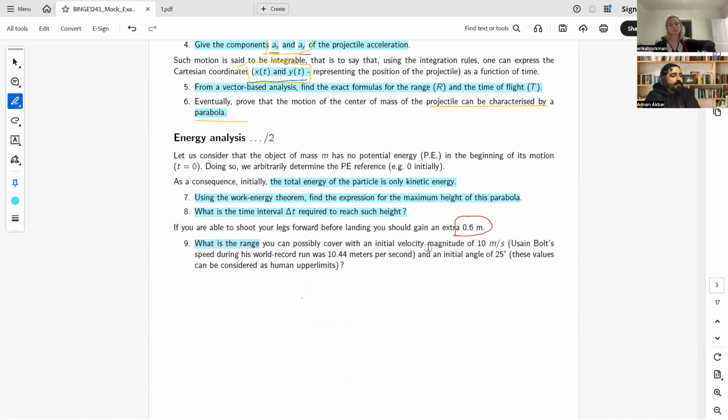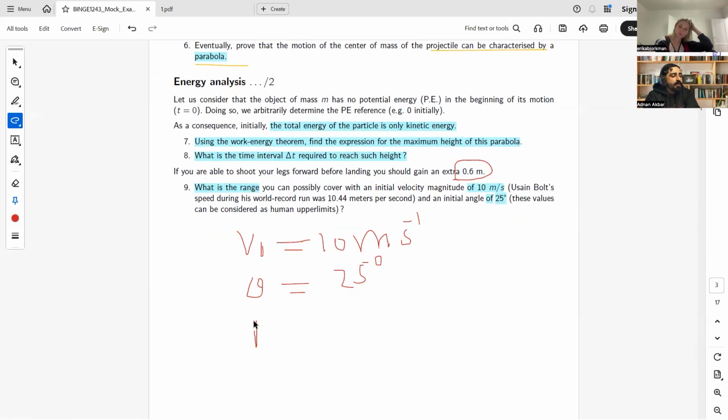The initial velocity that is given to us is 10 meter per second, and the initial angle is 25 degree. We have initial velocity V naught is equal to 10 meter per second, and its initial angle theta is equal to 25 degree. What we have to calculate? We have to calculate the range.